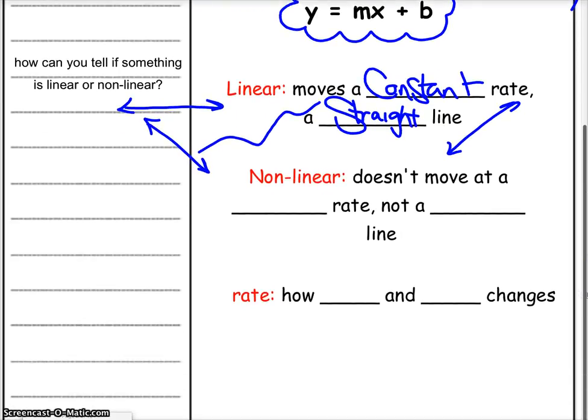It's nonlinear if it doesn't move at a constant rate, or if it's not a straight line. We found our nonlinear right here. It moved randomly.